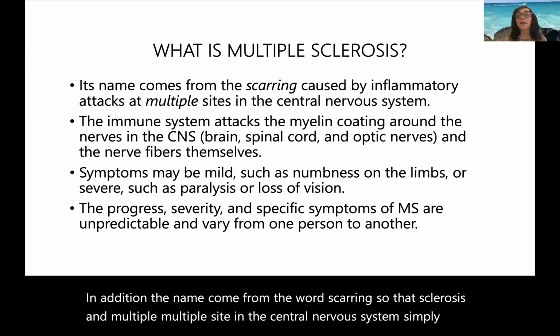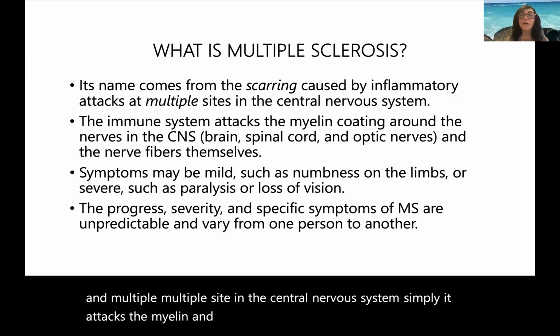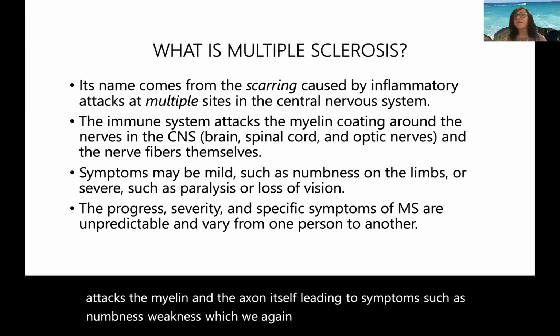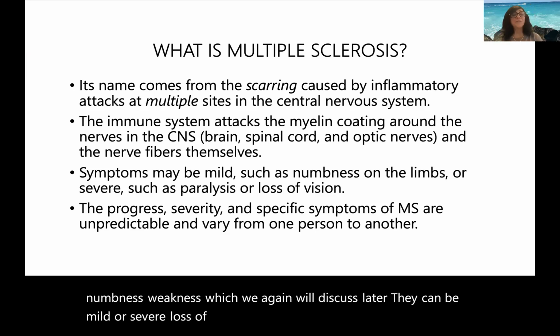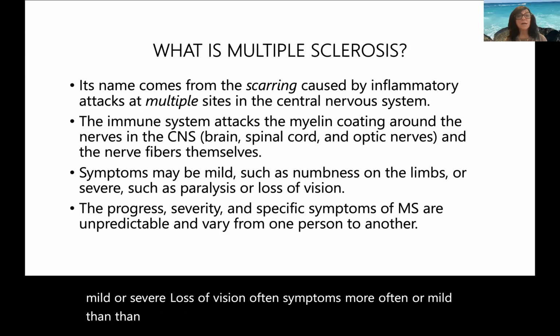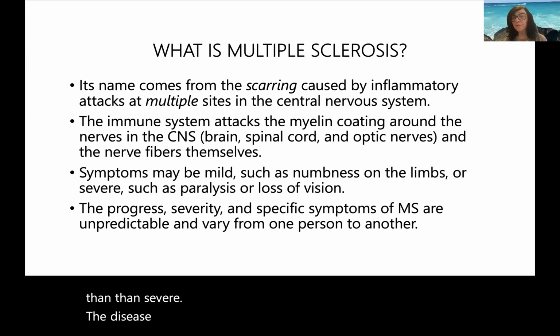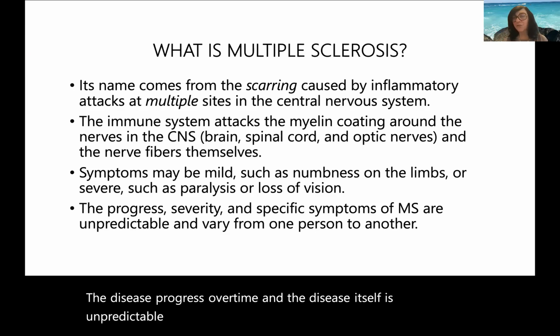Simply, it attacks the myelin and the axon itself, leading to symptoms such as numbness, weakness, which we again will discuss later. They can be mild or severe, loss of vision. Symptoms are more often mild than severe. The disease progresses over time, and the disease itself is unpredictable and definitely varies from one person to another.